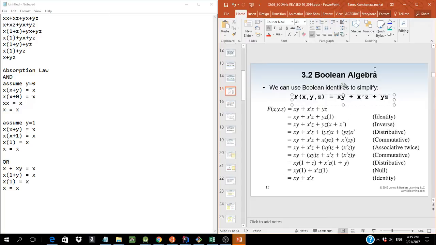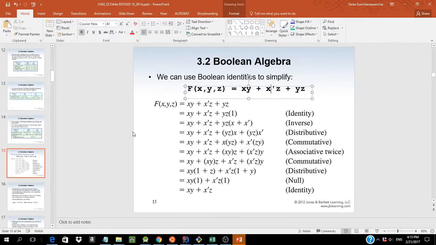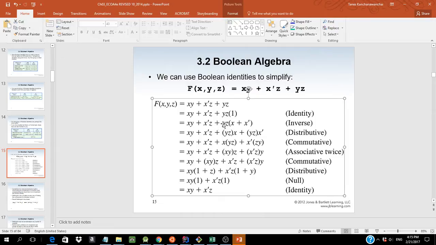Now we apply the distributive law, so we have yzx and yzx prime. Then we can start to factor. That's why we bring x and x prime in front.